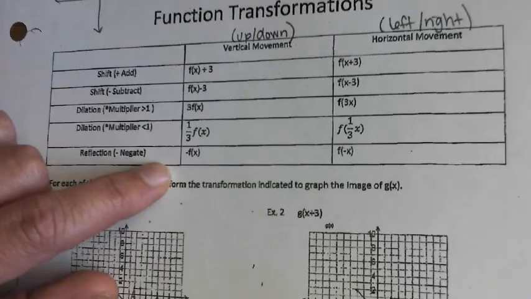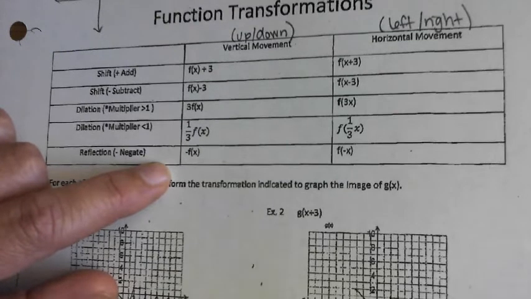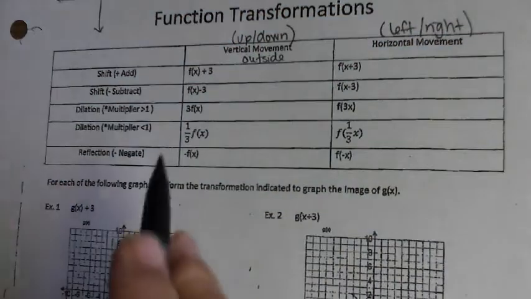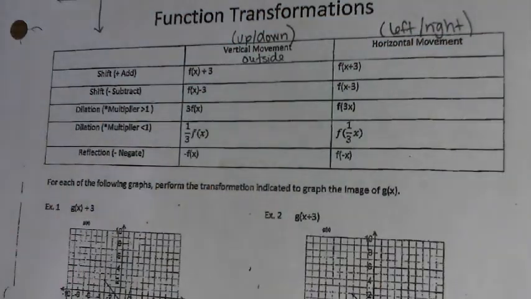Elena? For f of x, for vertical, the operation's always on the outside. Very good. Outside. So the f of x is kind of untouched. That little set of parentheses is still just containing x, and everything that happens is on the outside. That's how you know it's vertical movement.